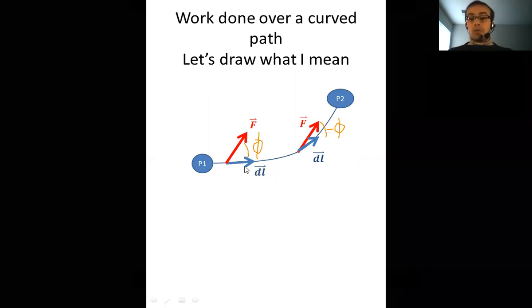This is also somewhat realistic. If you're pushing something at an angle, you'd imagine that the particle is going to be accelerated in this direction as it's an unbalanced force, and that's going to end up curving your particle over time.